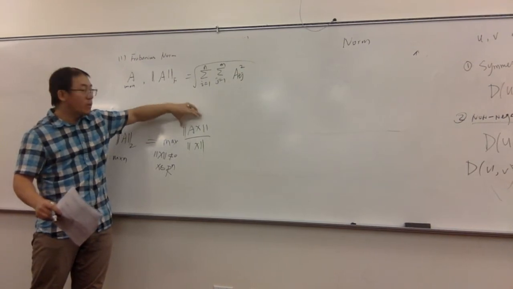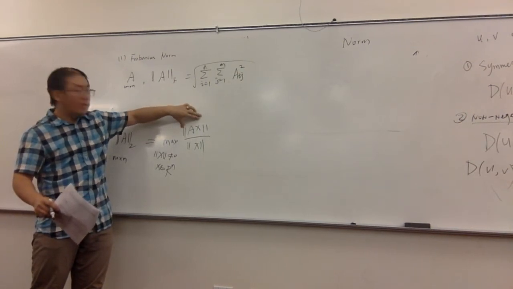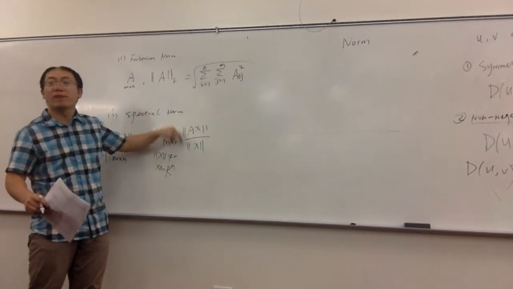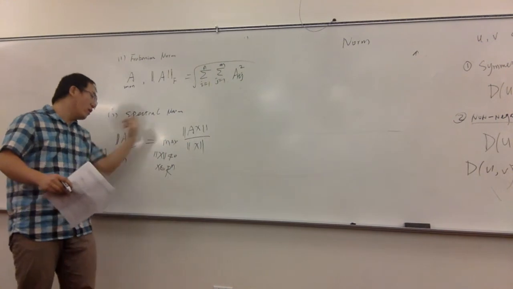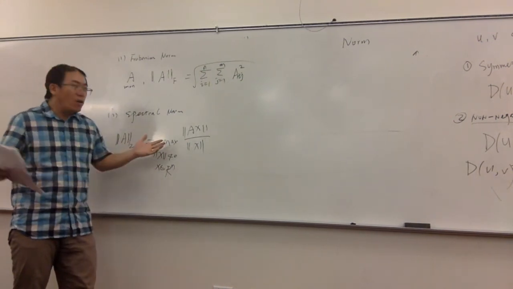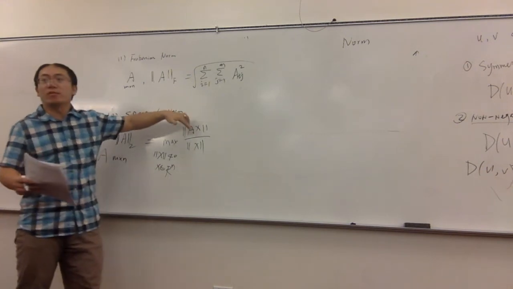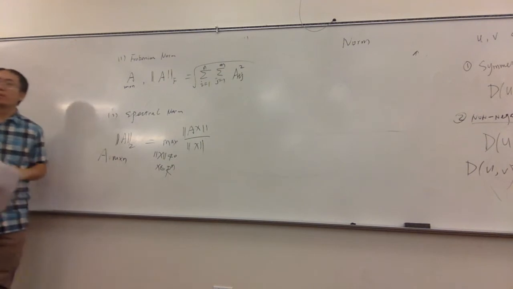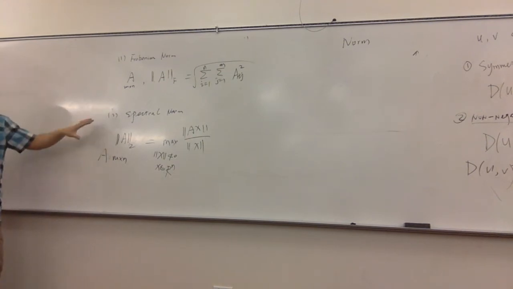Then we compute its Euclidean norm. Then we divide this by the Euclidean norm of x itself. This is the value. Then we enumerate all such non-zero x, end up with all the possible values, and pick the maximum as the spectral norm. This is the definition of the spectral norm.